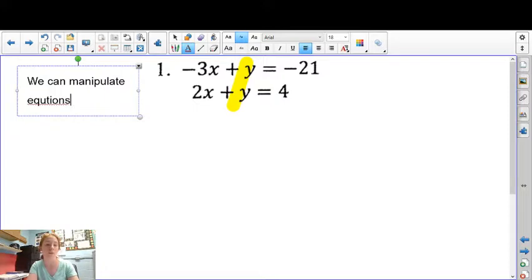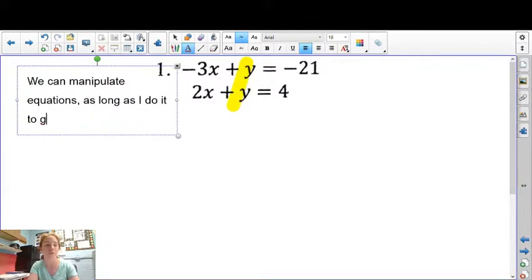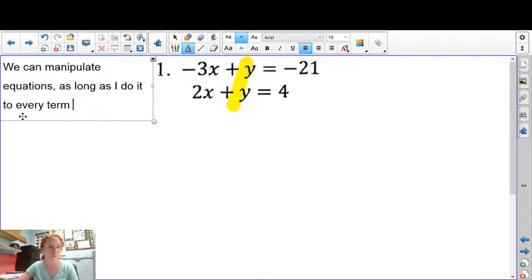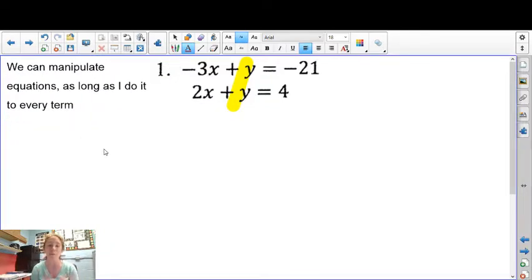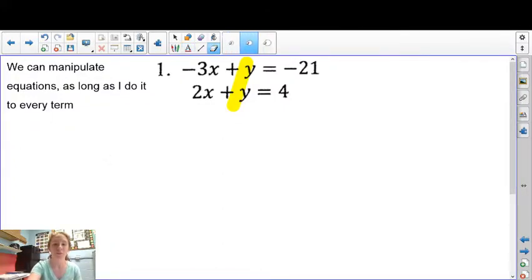In this case, equations, as long as I do it to every term. So as long as I do something to every piece, I can change this.